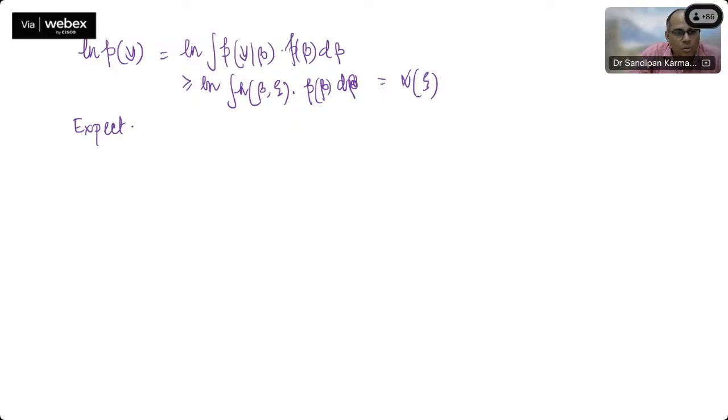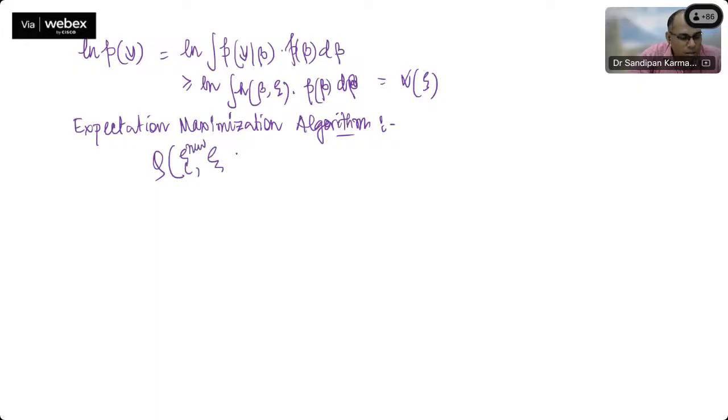So we'll be using the expectation maximization principle. There is a very close relationship between variational inference and expectation maximization, because both of them work on the principles of expectation. So here we'll be finding a function called q of xi new comma xi old.